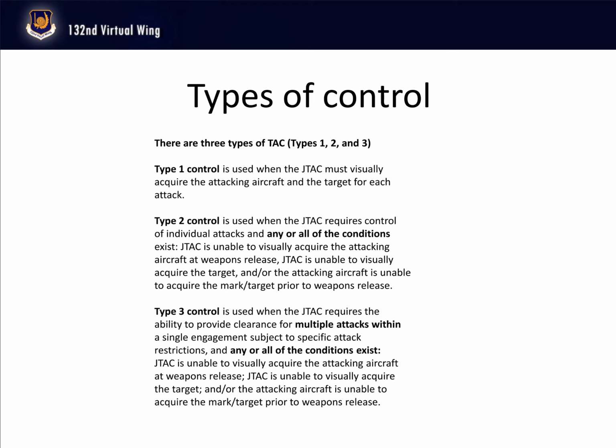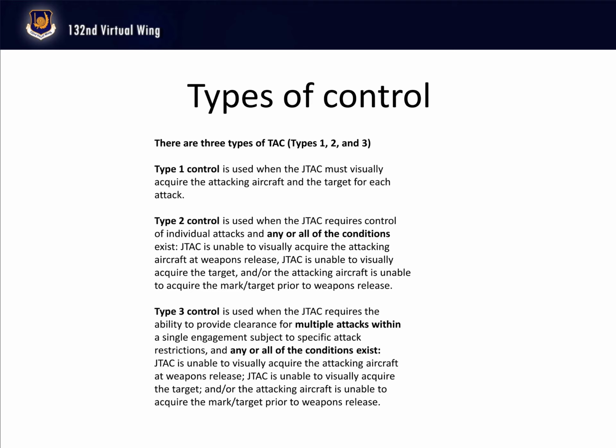In Type 2, if I say "Ghost 1 in hot," since you don't have the visual on the target, I still need your clearance? Yes, because on a Type 2 you will need to state your final attack heading. We'll get to it. I want you to make the attack on a very specific heading, with a specific tolerance.